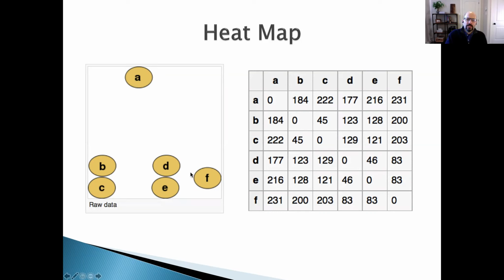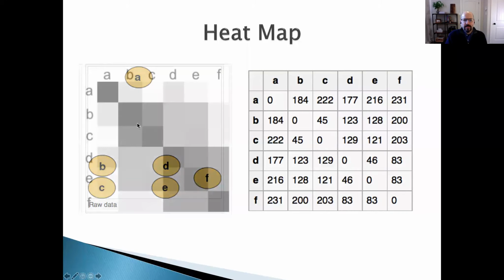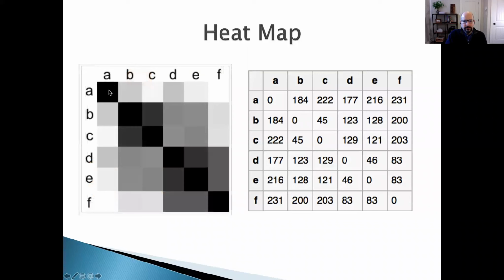So just to make it clear, if the distance is closer to the longest, it's going to be darker, and if the distance is closer to the shortest, it's going to be lighter. Okay, and this way you can make a plot like that, and this is the other way around, but it doesn't matter.